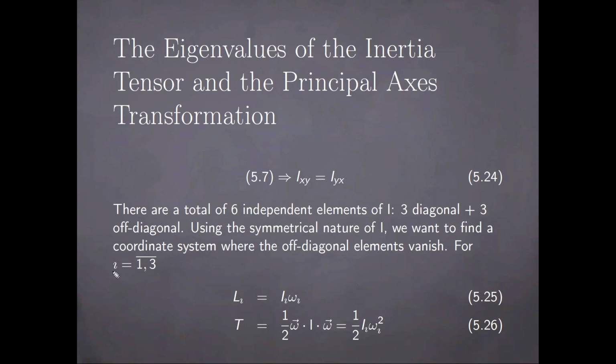This is written for each of the three components of the angular momentum, while for the kinetic energy, the contraction of the inertia tensor with the angular velocity vector would reduce to this simple expression, which is of course implicitly summed over the three non-vanishing components.